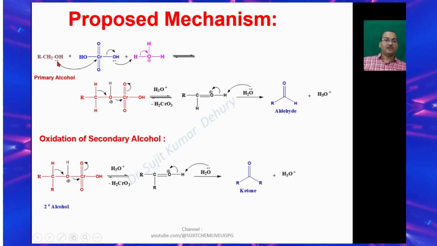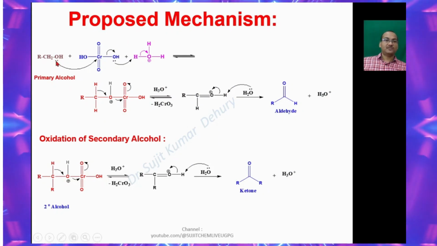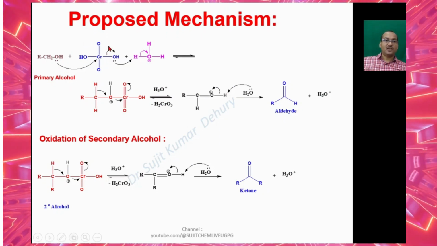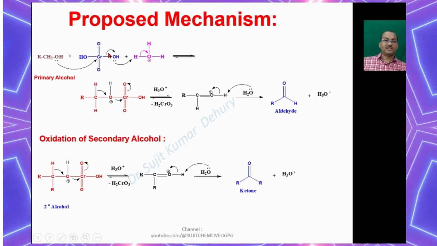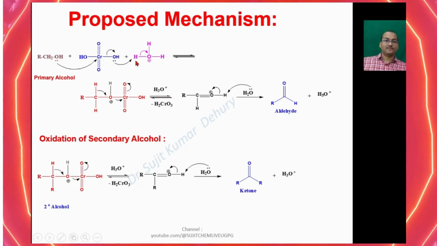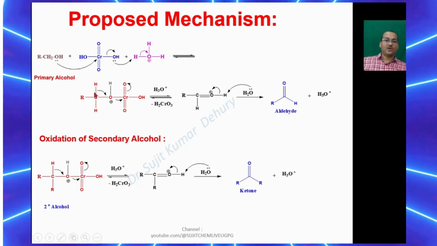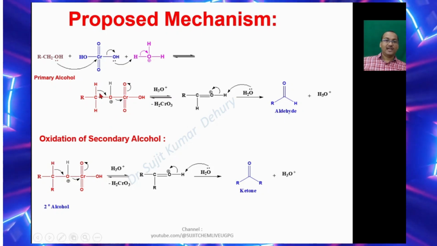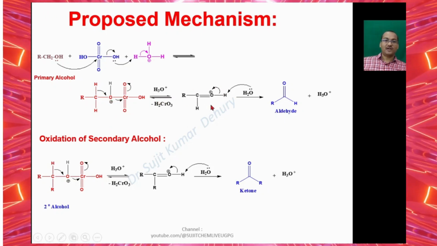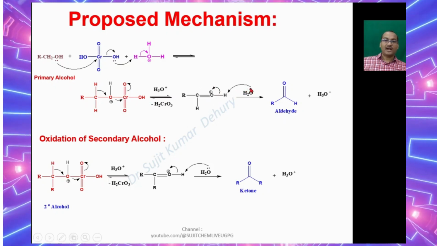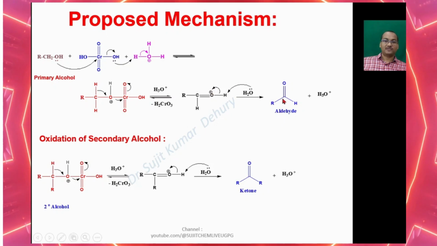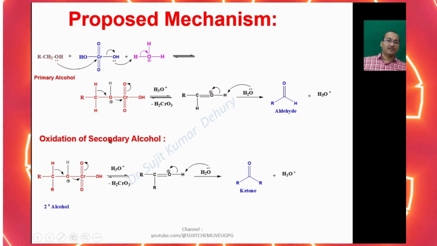In the primary alcohol, oxygen has a lone pair of electrons. This will attack the chromium center of H2CrO4, and this Cr-OH bond will break on oxygen, and this oxygen lone pair will take the proton. So you end up with this protonated species. Again bond making and bond breaking will start, giving rise to this protonated aldehyde, and water takes the proton and this O-H bond will break on O plus, giving rise to the aldehyde.